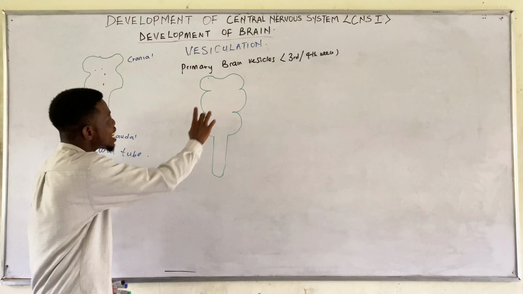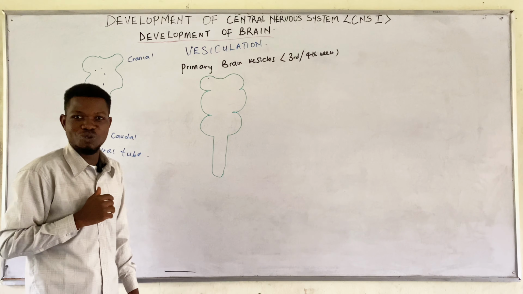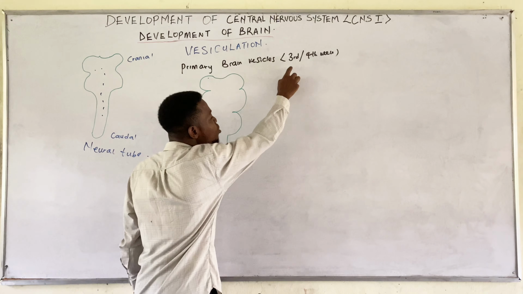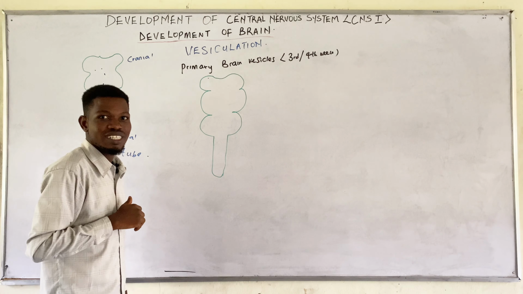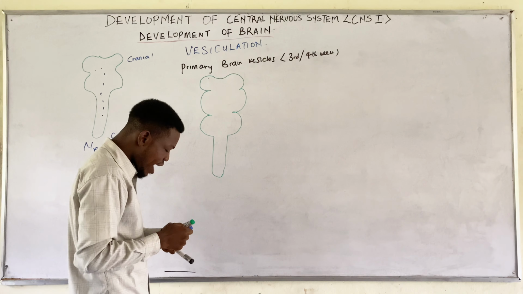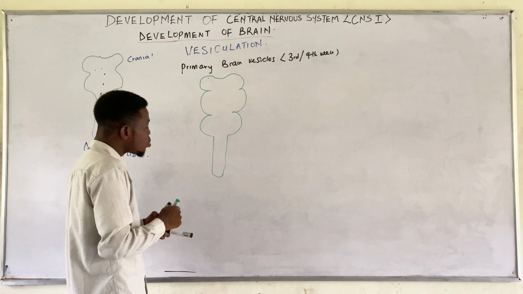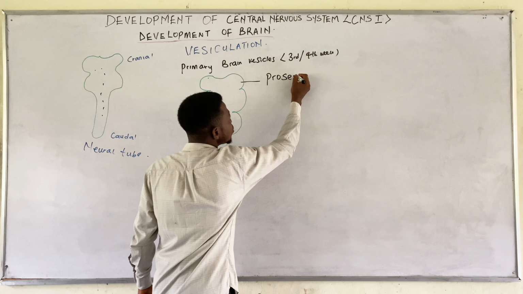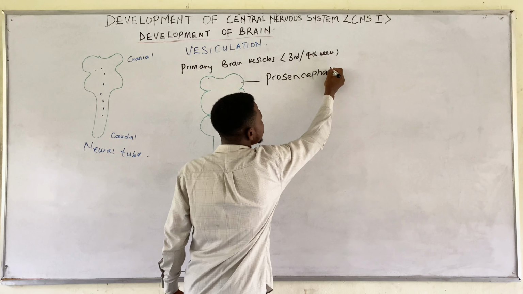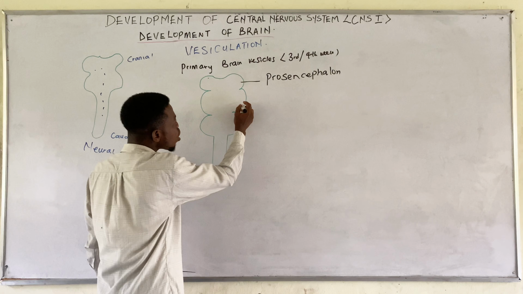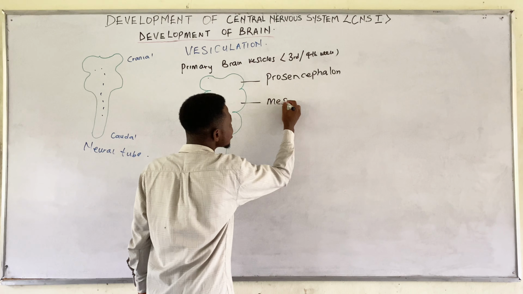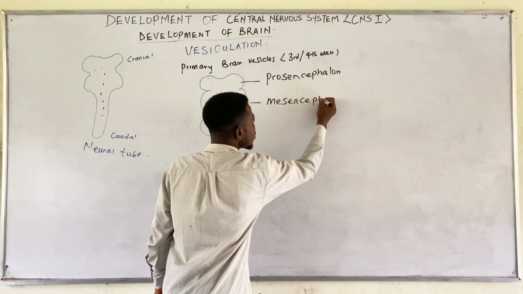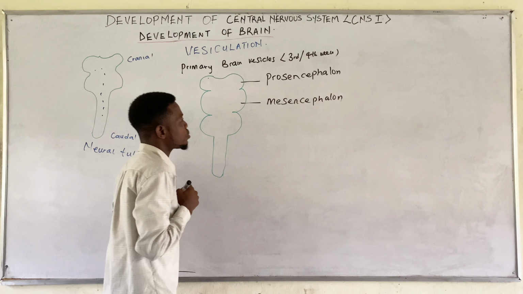Yes, so these are the 3 primary brain vesicles which are formed during the third or fourth week of development. This brain vesicle here is what we call the prosencephalon. This one is what we call the mesencephalon.